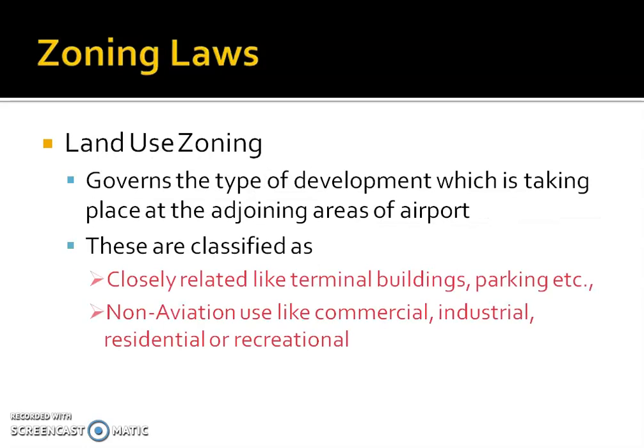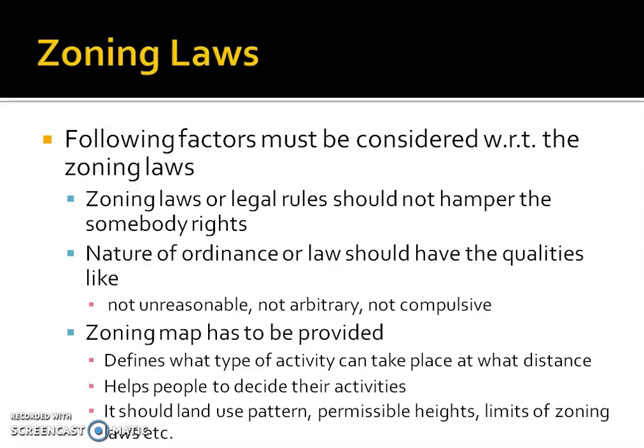Then coming to zoning laws, they govern the type of development taking place in the adjoining areas of the airport. They are classified as terminal building, parking, commercial, industrial, residential or recreational structures. As per the zoning laws only, growth will be permitted and approval will be given. These are the legal rules which everyone has to follow in a country.